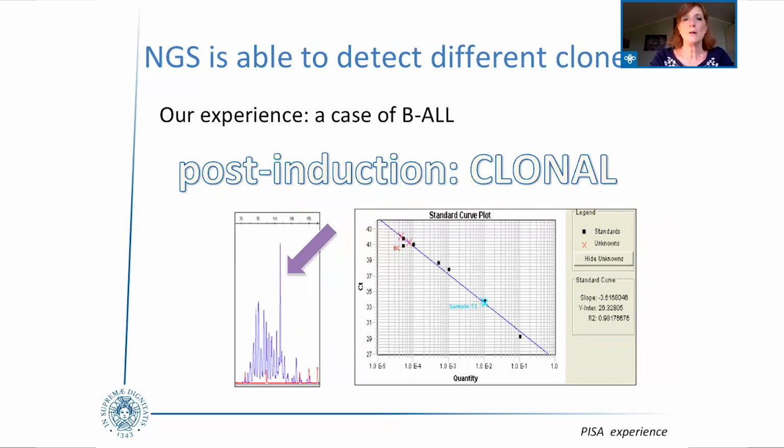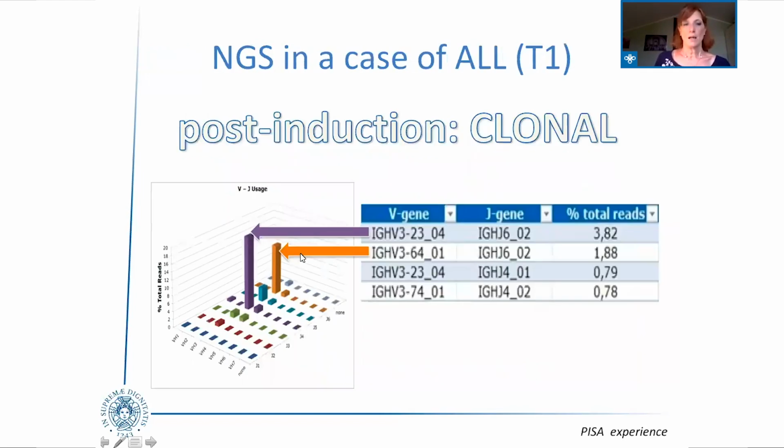A young man with B-ALL had the diagnosis and post-induction, qualitative and quantitative PCR detected 1 clone that we'll call the violet clone. Already at diagnosis and after induction, NGS showed two different clones, the orange clone in addition to the violet one.